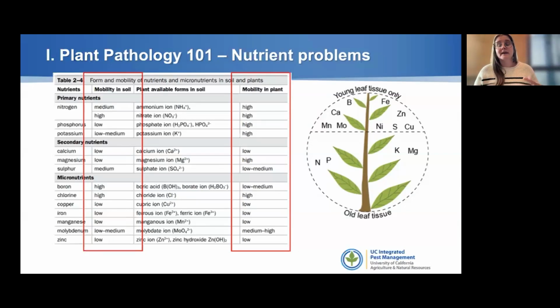When the plant begins to run low on that nutrient, it will move the nutrient from its older leaves to the newer leaves, so you'll start seeing those deficiencies in the older leaves first, versus nutrients like manganese and iron that are less mobile in the plant. You'll start seeing issues in the youngest tissues.